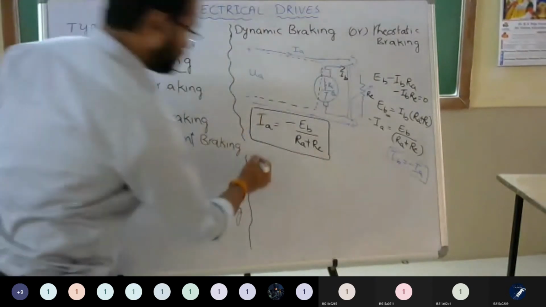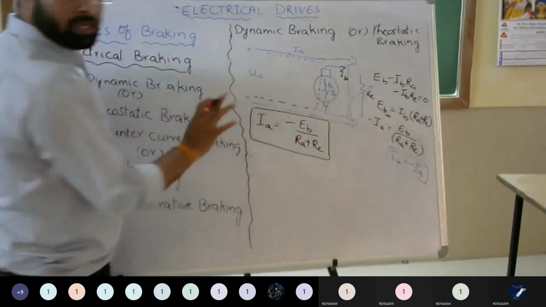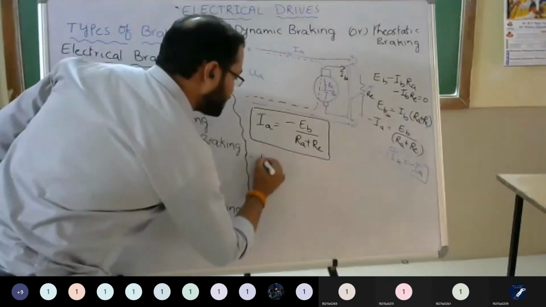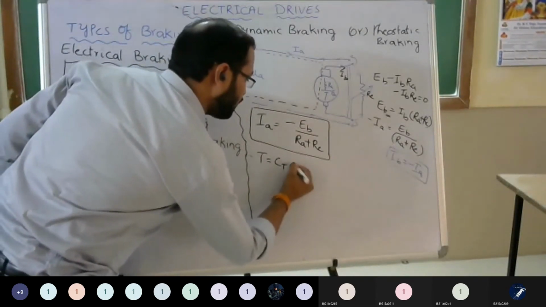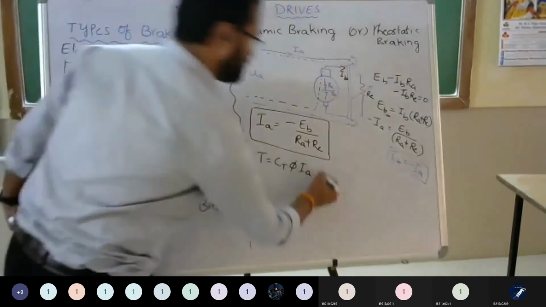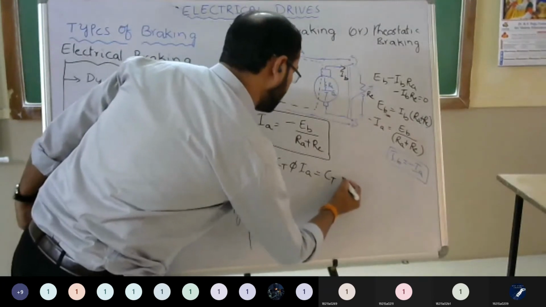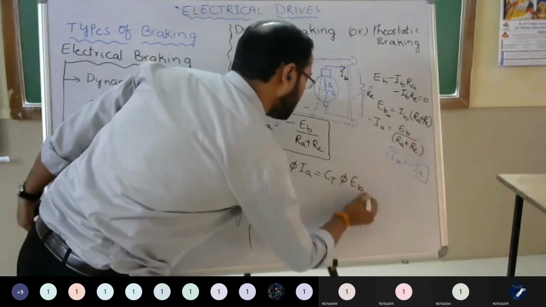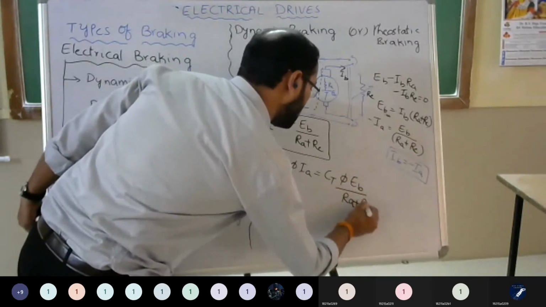And what will happen? Our UA became 0. And our torque is what? Torque is equal to CT into phi into IA. So if you substitute the IA value, we get CT into phi into minus EB by RA plus RE.